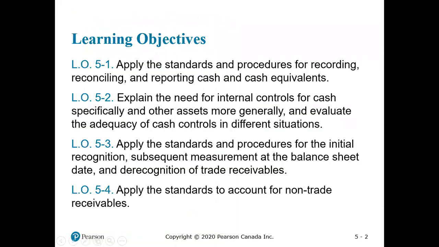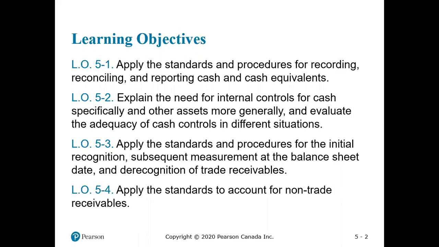The learning objectives for this chapter: the first is to apply the standards and procedures for recording, reconciling, and reporting cash and cash equivalents. Number 2 is to explain the need for internal controls for cash, specifically, and other assets more generally, and evaluate the adequacy of cash controls in different situations.